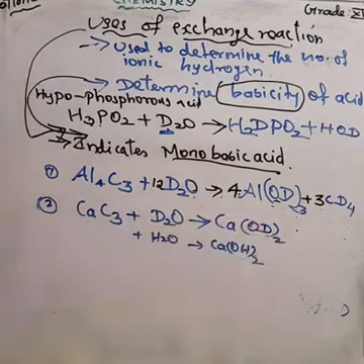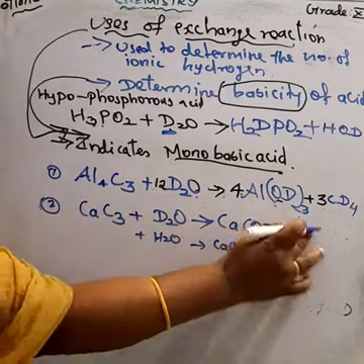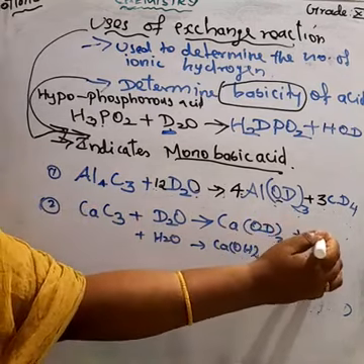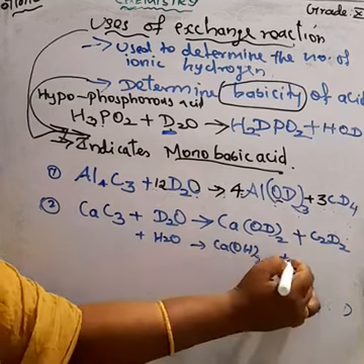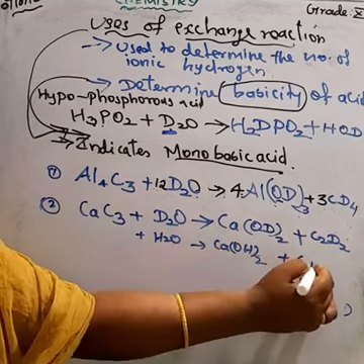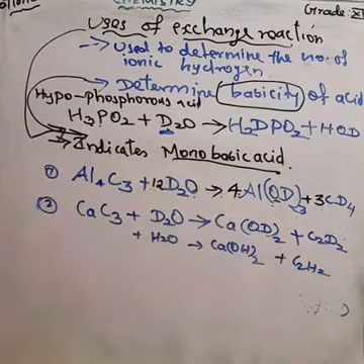And we get another byproduct, C2D2. If you are using ordinary water H2O, we get calcium hydroxide and acetylene, C2H2. But we are using heavy water here, so we get calcium deuteroxide and C2D2.